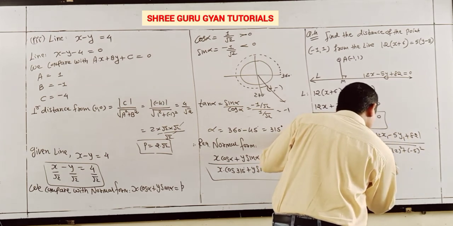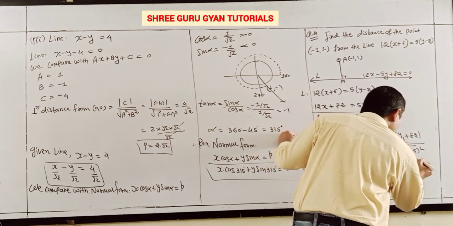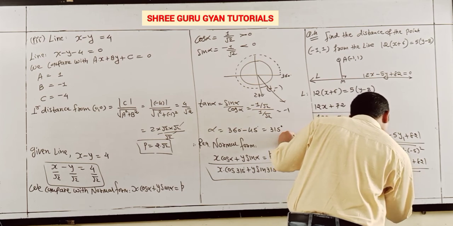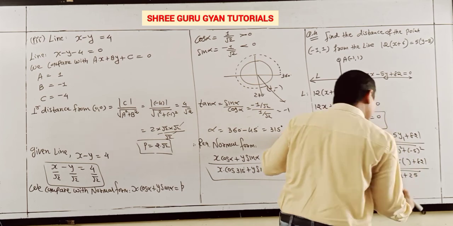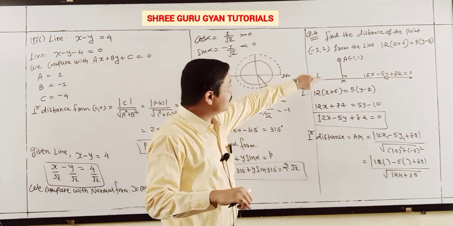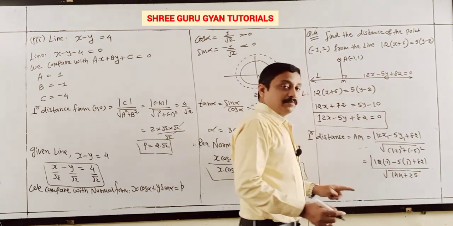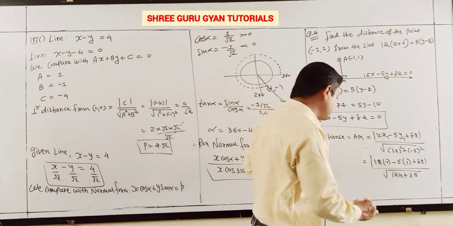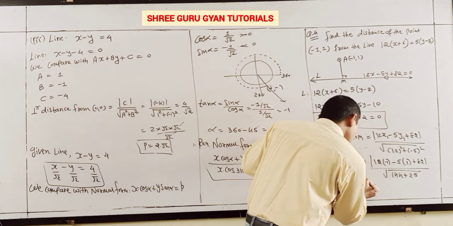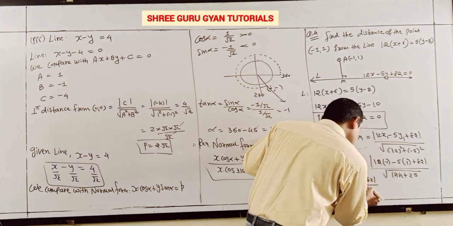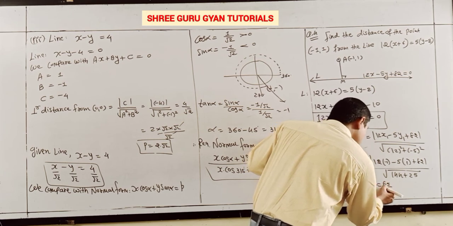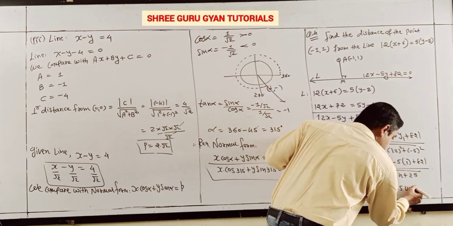So 12 x1, known, y1, known, and it gives 144 plus 25. Students, what is your x1, y1? Minus 1 and 1. Means minus 12 and minus 5, minus 17 plus 82 by square root of 169. It is 65 by 13, 5 units.